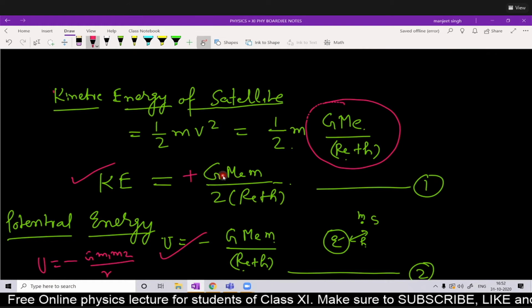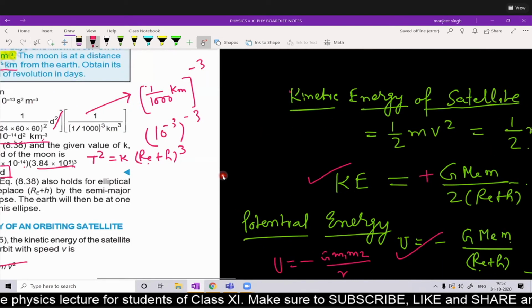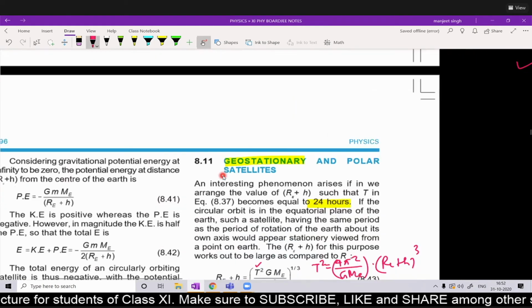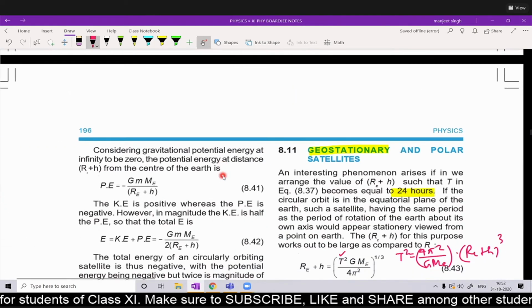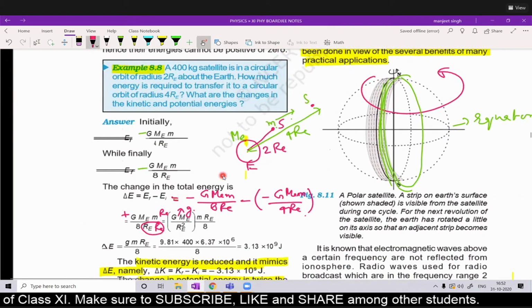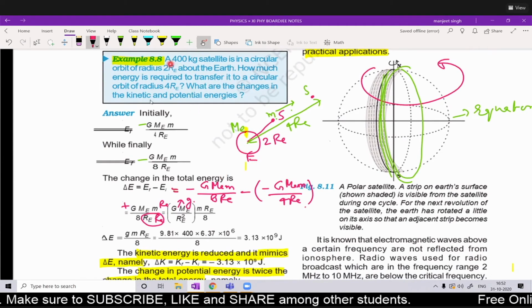So keeping this in mind, let us understand these formulas and remember them with the help of a question. See, this question will explain something to you and you will very eagerly try to remember this formula.